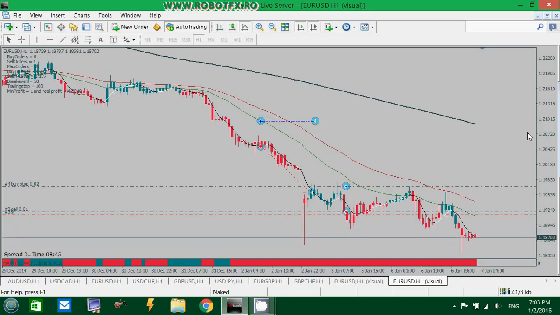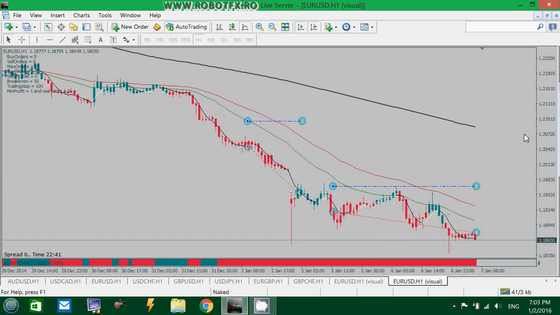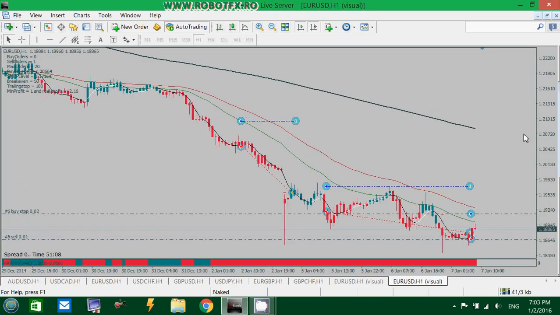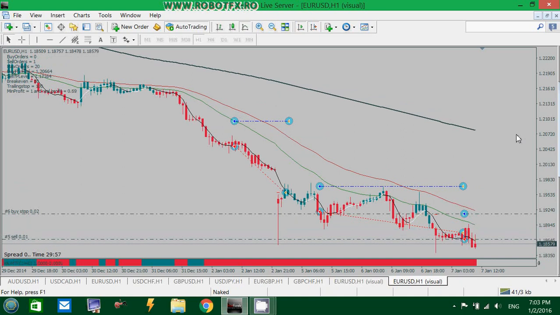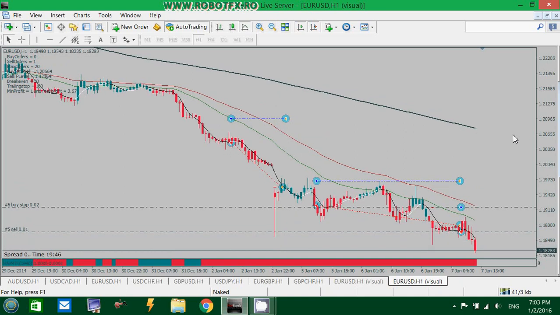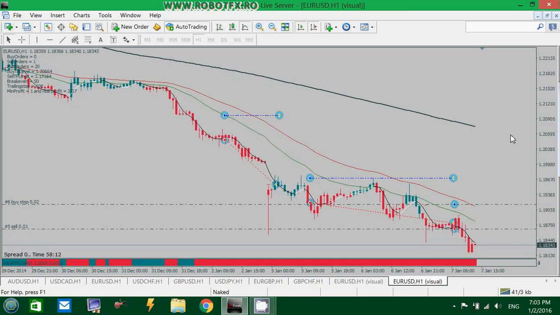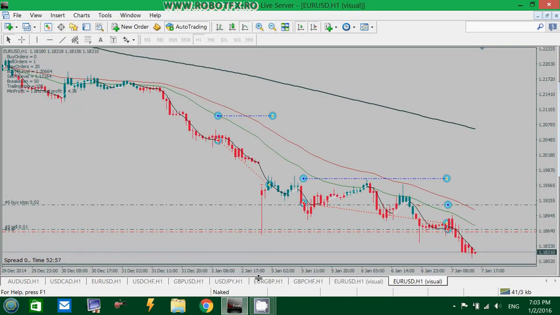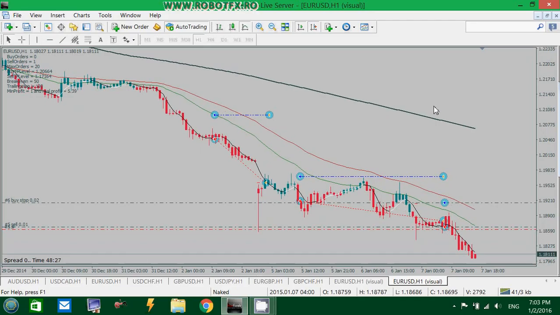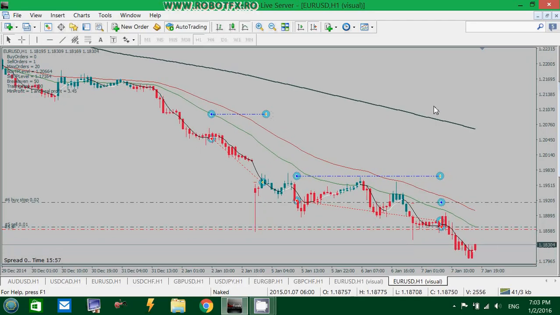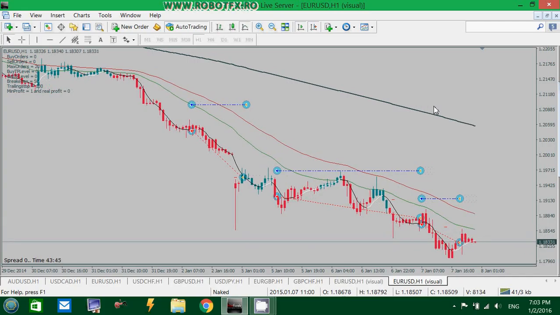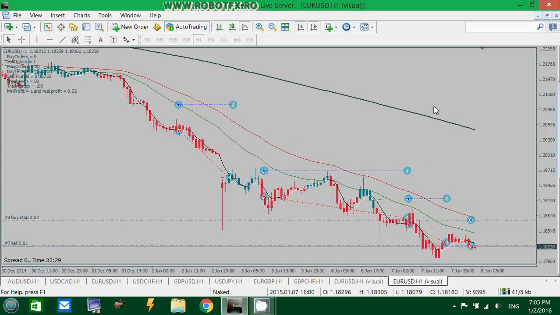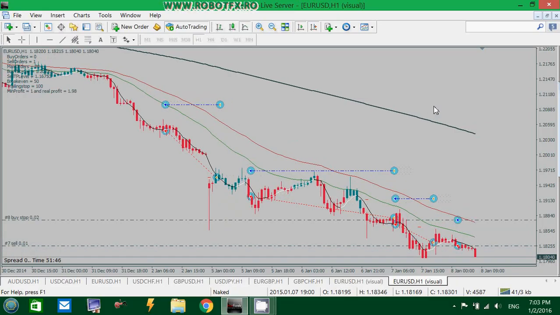Break even active. Break even again. You can choose the break even of whatever number of pips you want, as well as the break even buffer.